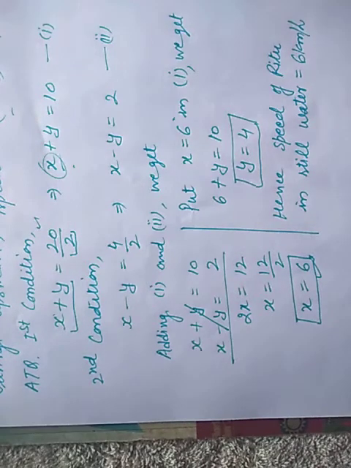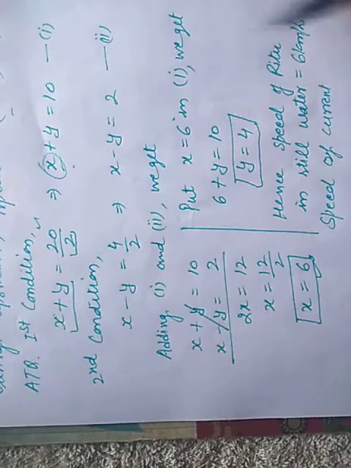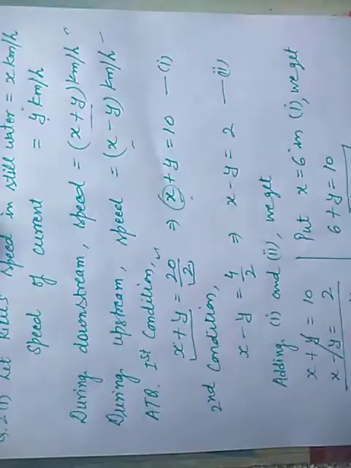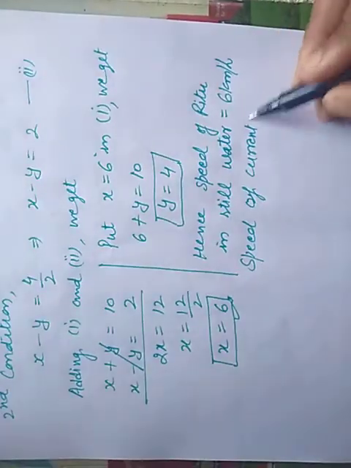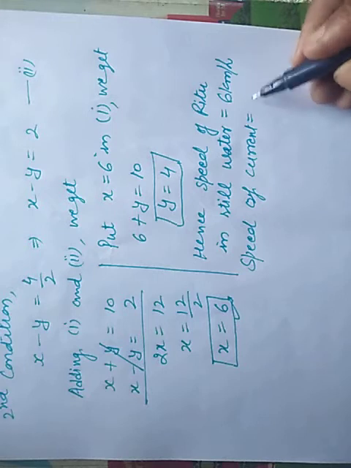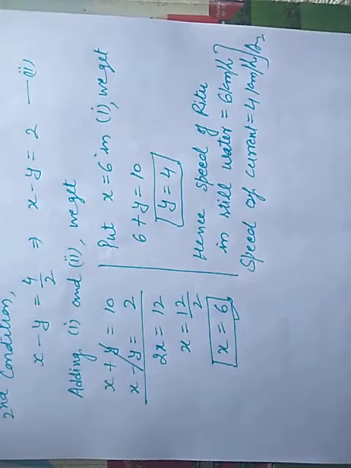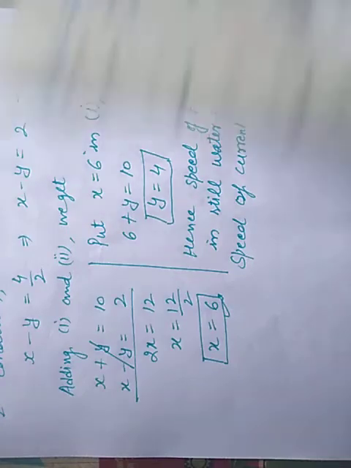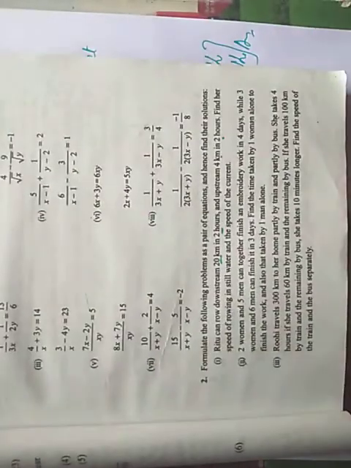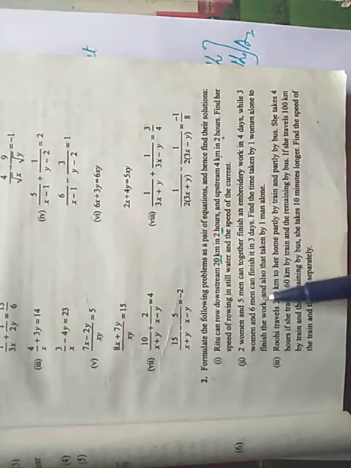And speed of current is y kilometer per hour, so we can take it as 4 km per hour. This is our answer. Okay, so it was the first part of the second question. Similarly, we can solve the other two parts. Let us solve one more part. This question is again very important.